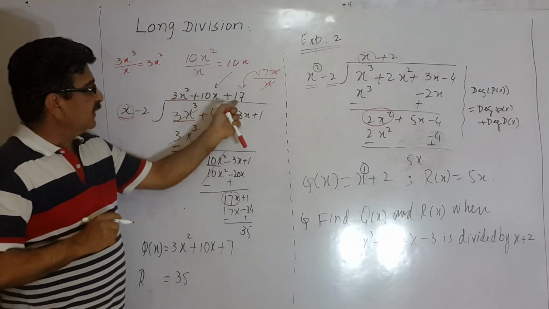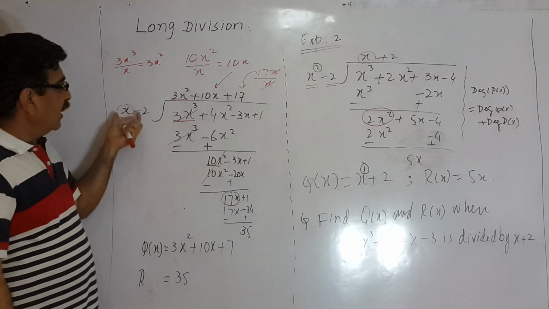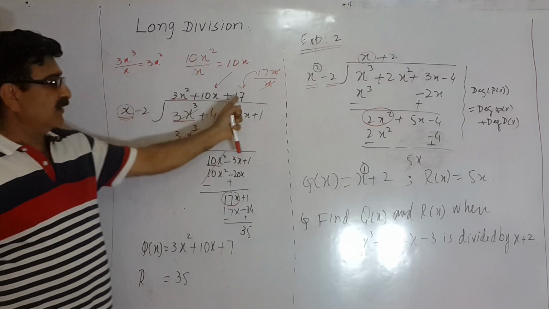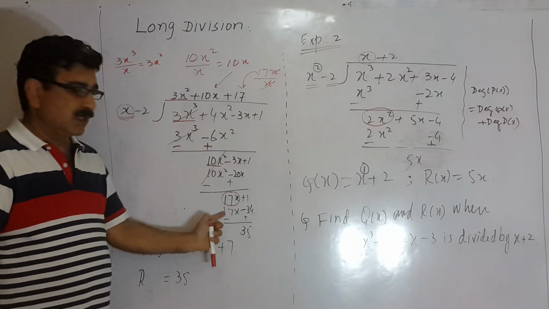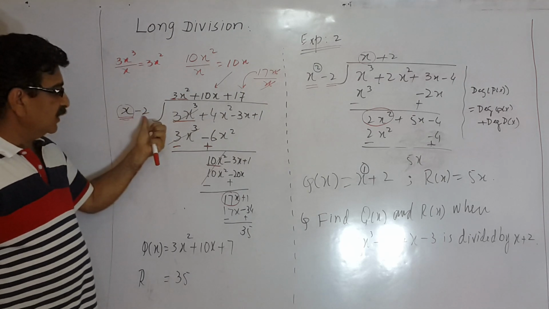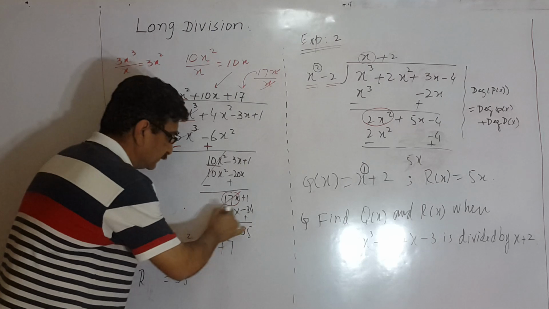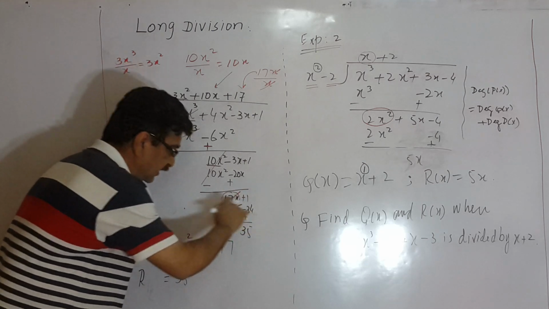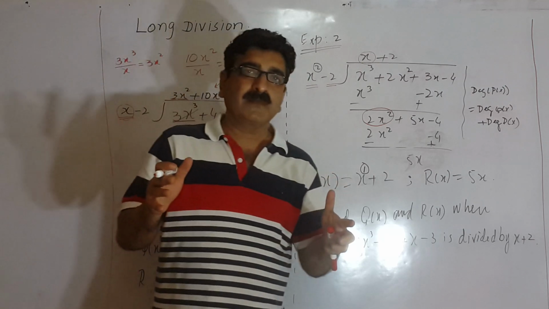Now the 17 is multiplied by this factor. After multiplying this factor with the 17, we get these two terms, 17x minus 34, and then this is cancelled, and we get the sum of these, 35. So our division is completed here.